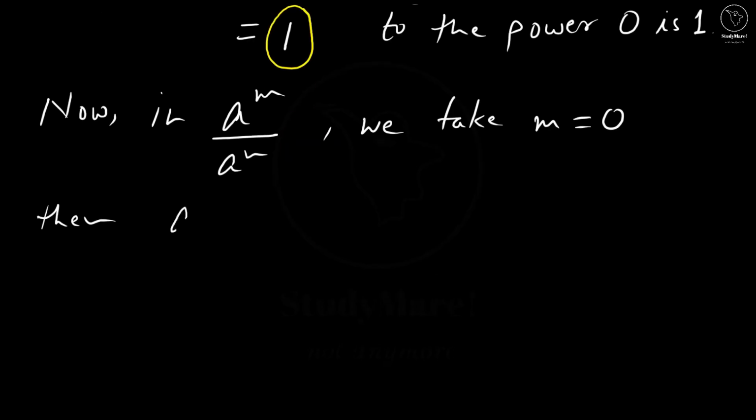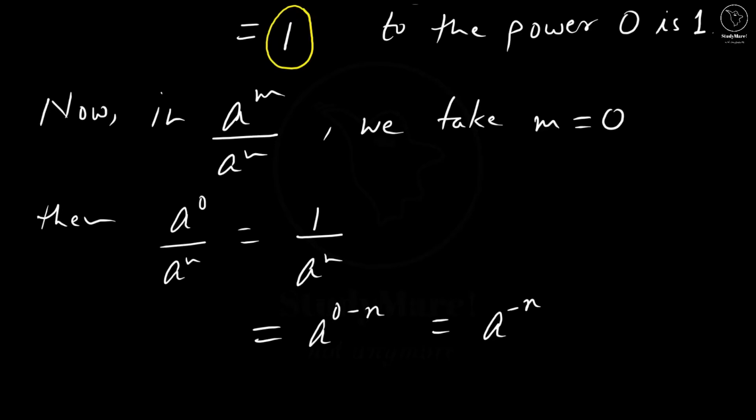Then a⁰ by a^n gets us 1 by a^n, substituting the value of a⁰ as 1, which further simplifies to a^(0−n) using the third law mentioned above, which further gets us a^(−n).